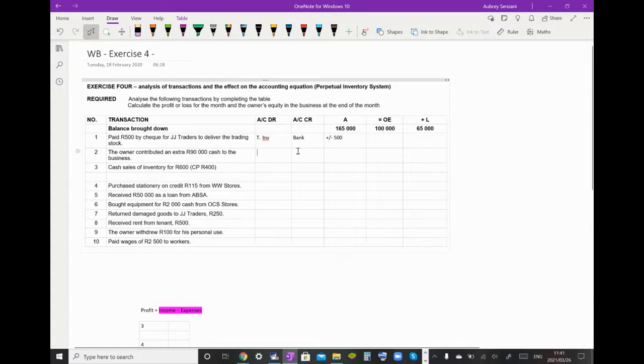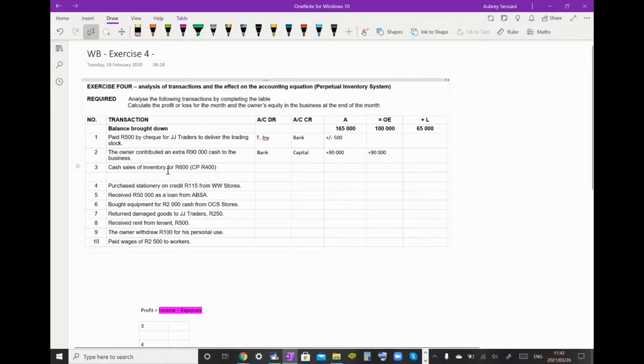We're debiting bank, because our asset is increasing, and we're crediting capital. Then under assets, we are going to put plus 90,000, and under owner's equity, also 90,000.